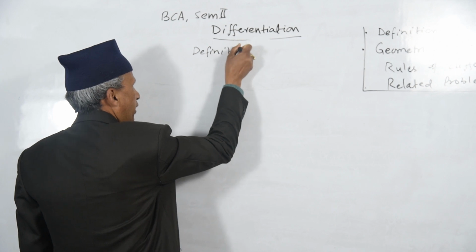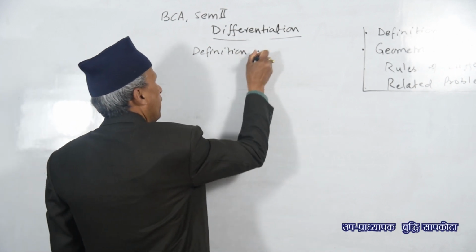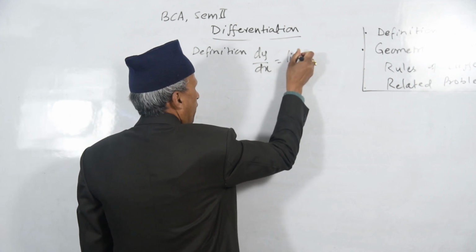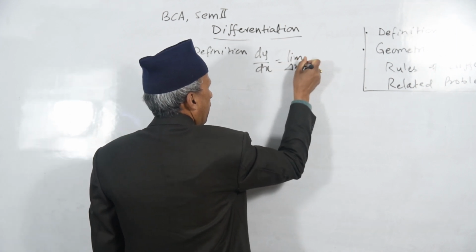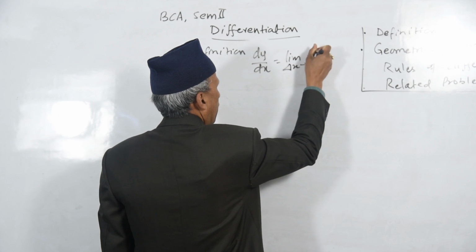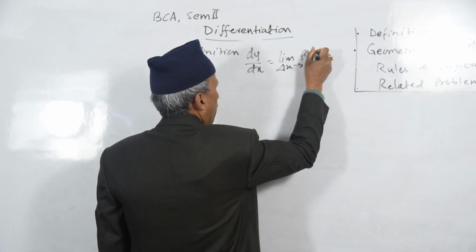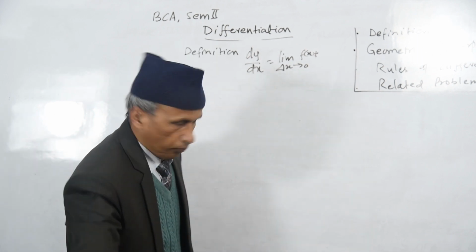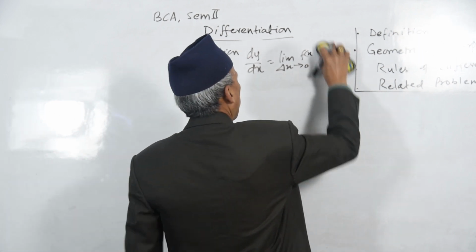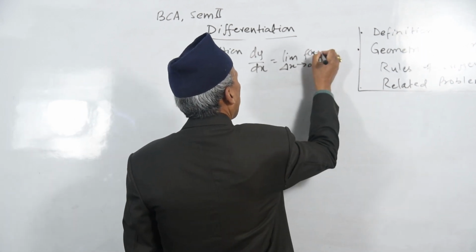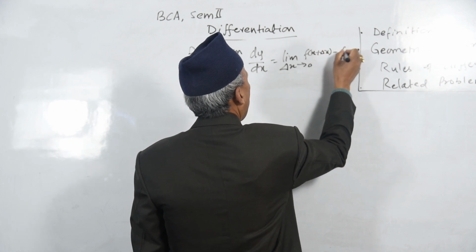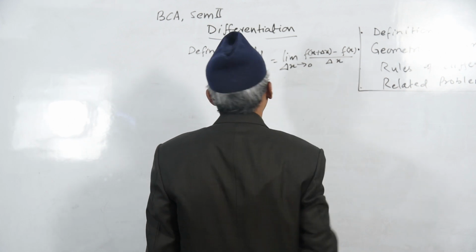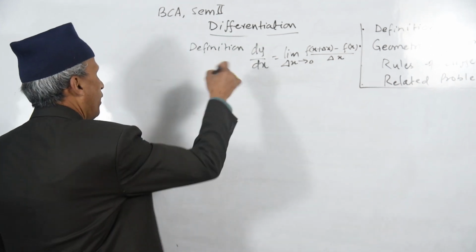I'll just write the definition: dy by dx is equal to f of x plus delta x minus f of x divided by delta x. So you learn this, okay?